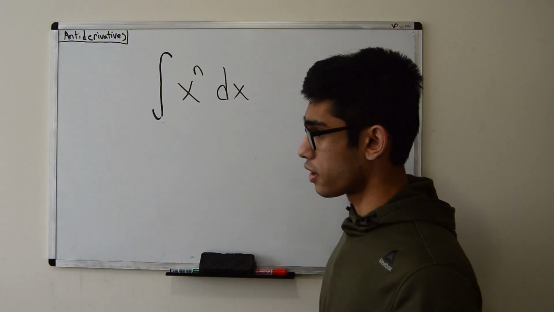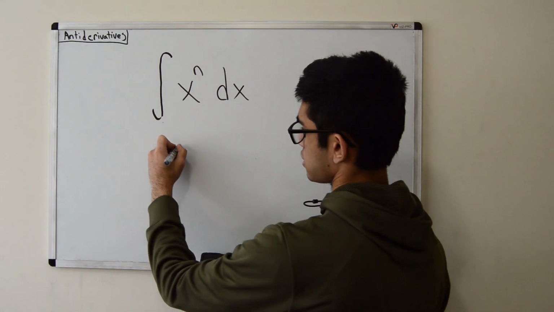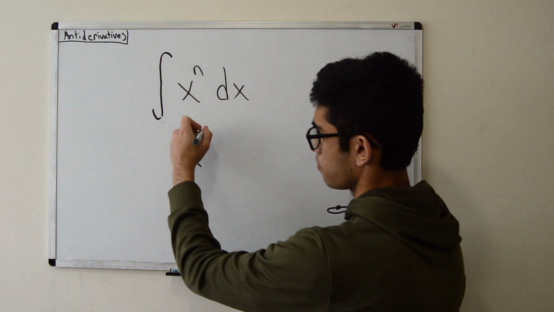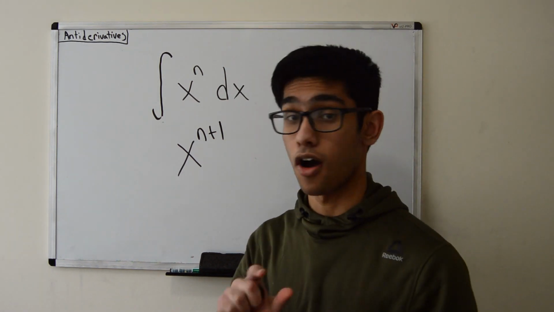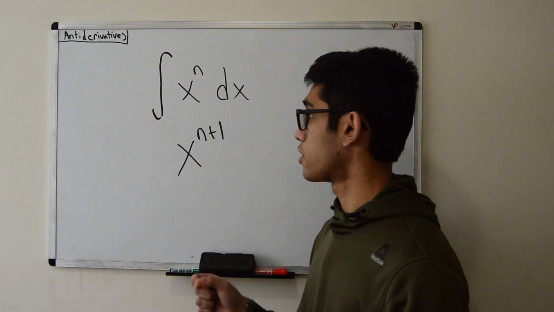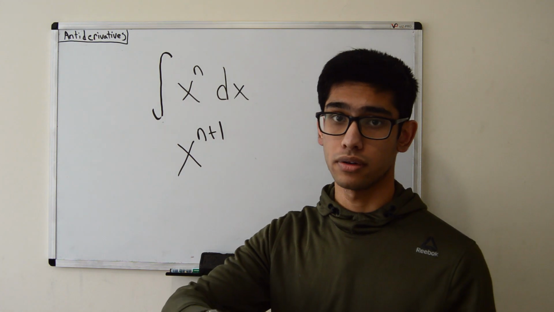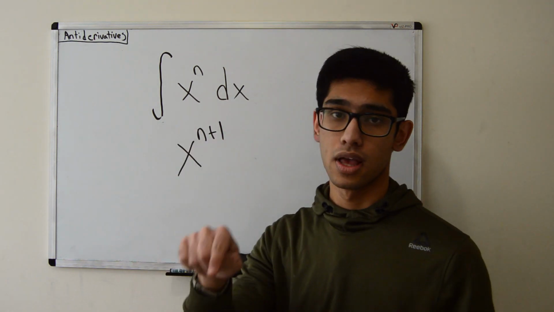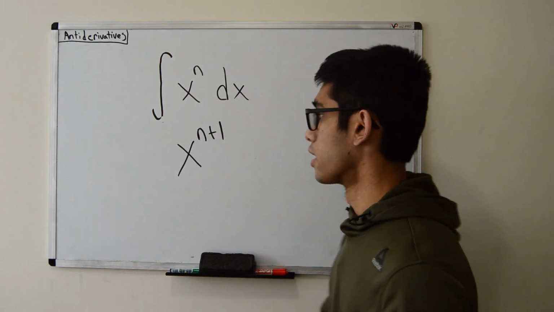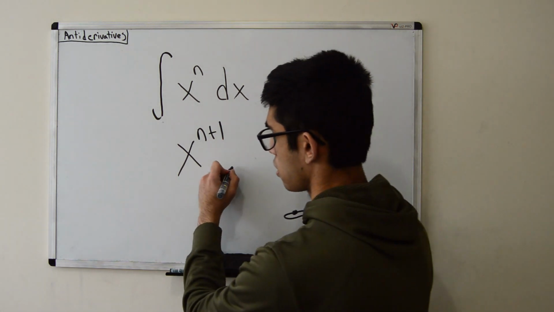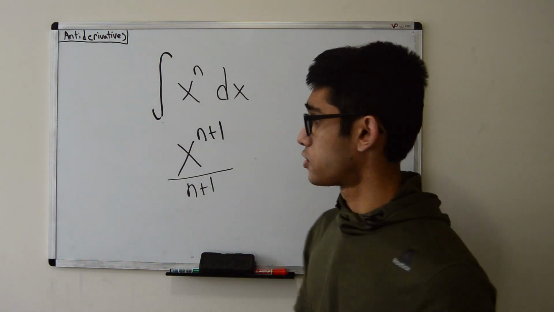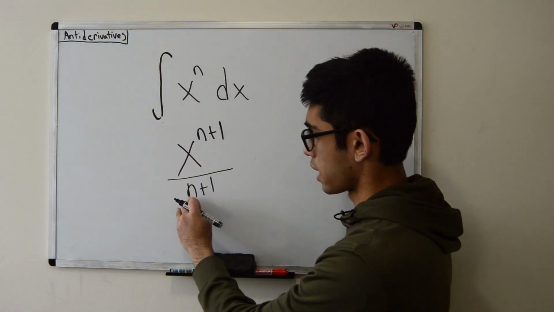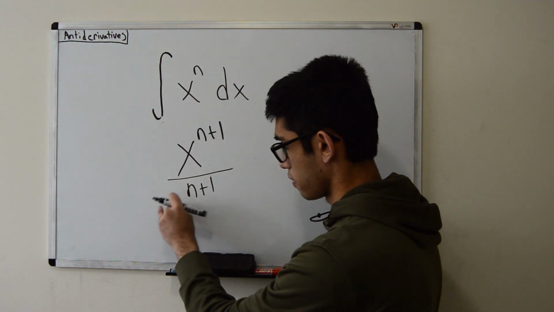The formula for this is you keep your x the same, you add 1 to the power. See, it's the opposite of differentiation. In differentiation, we would lower the power by 1 and then multiply by that power. So the opposite of differentiating is you add 1 to the power and you divide by whatever you added. So I added 1 to the power, and I divide by that number down there.